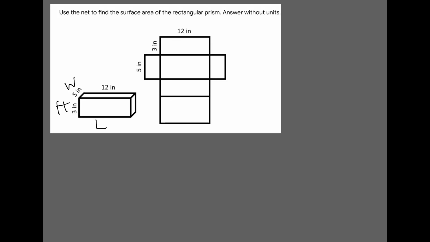And our surface area formula is 2 times my length times my width plus 2 times my length times my height plus 2 times my width times my height.